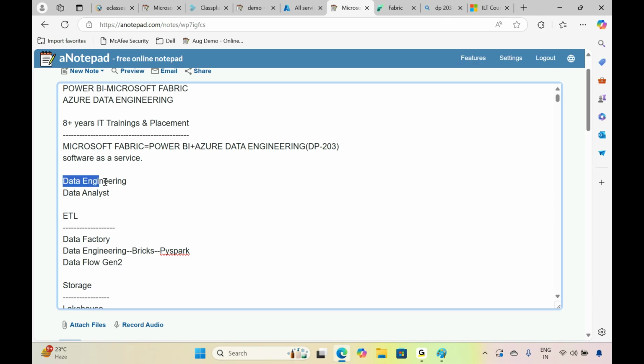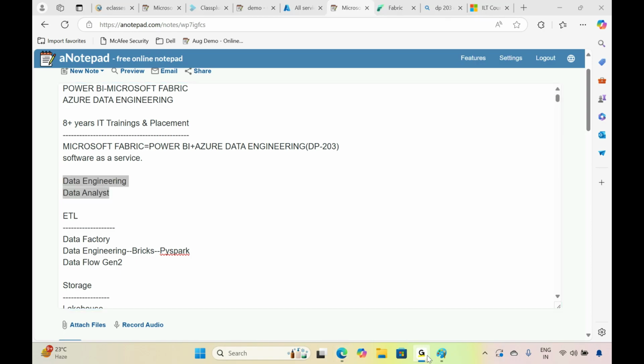If you are learning this Microsoft Fabric course, you can apply for jobs like data engineer or data analyst. You can verify and check that anybody already working on Azure data engineering or Power BI, 99% of their existing projects are moving to Microsoft Fabric, and they are implementing new projects in Microsoft Fabric only.